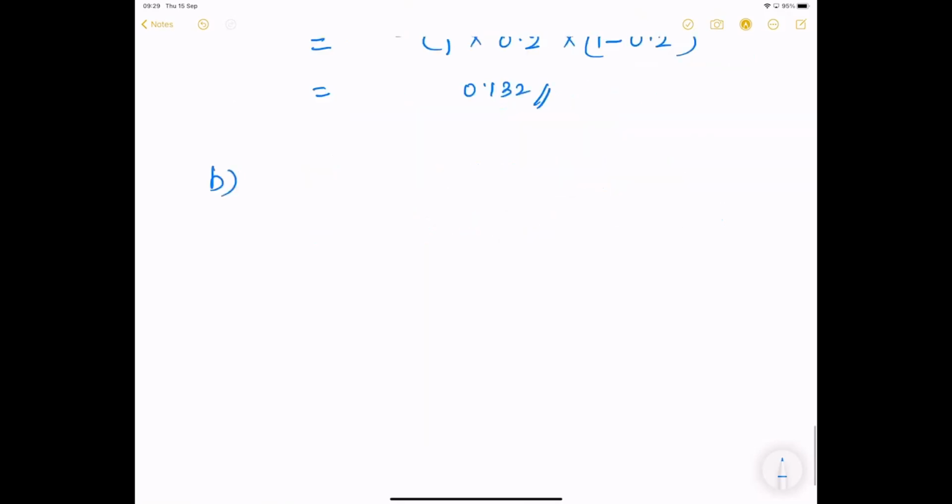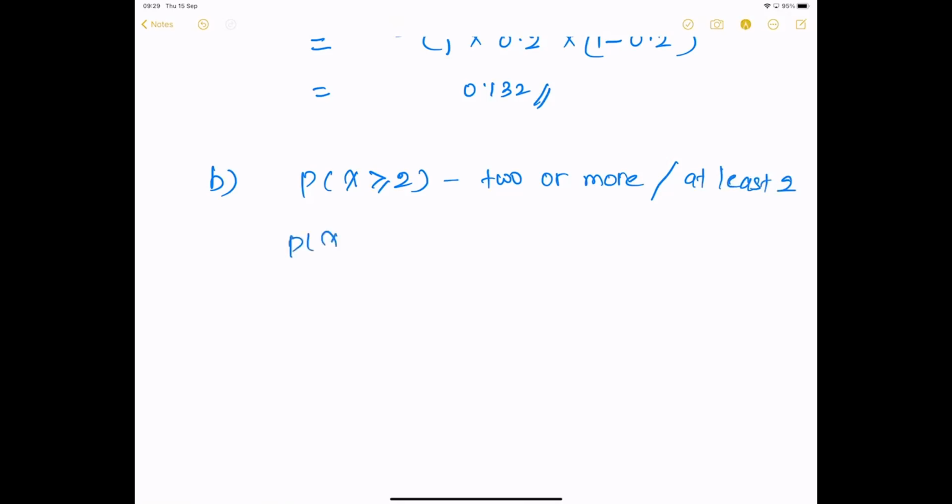So the second part, the B part: two or more defective items. Two or more means at least two. Two or more, or at least two, right?